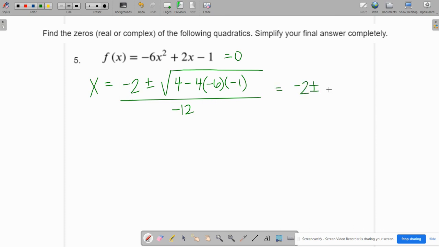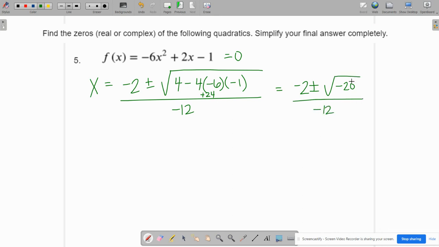Negative 2 plus or minus the square root of 4 minus 4 times negative 6, which is negative 24, times a negative 1 is positive 24. So we're really doing 4 minus 24, which is going to be negative 20, all over negative 12.